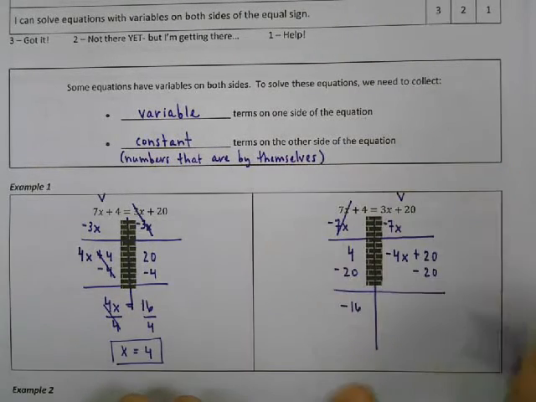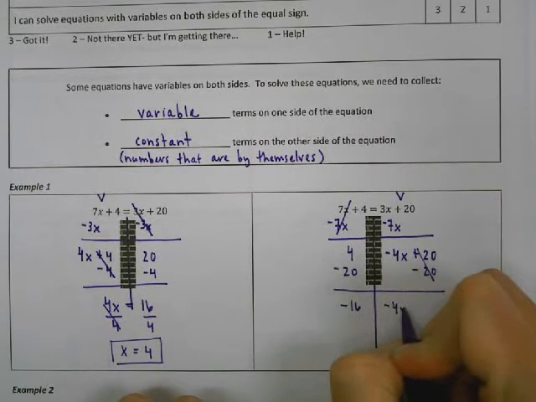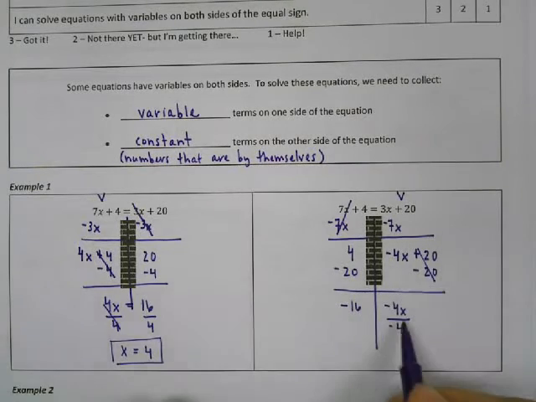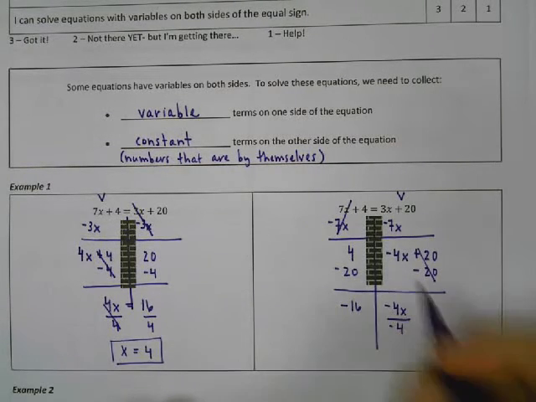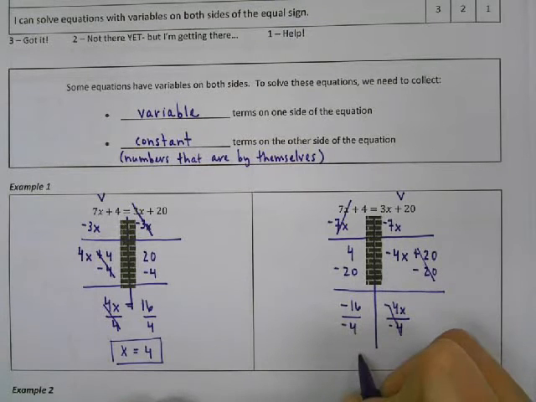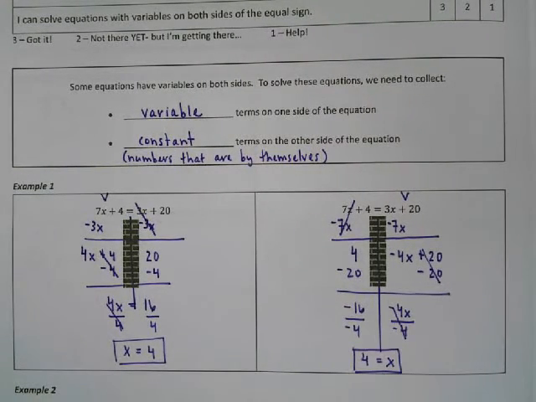I'm going to extend my line. Over here, the 20s go away, so I have a negative 4x left. I'm going to divide by a negative 4, the same number and sign. And sure enough, negative 16 divided by negative 4 gives me a positive 4. So my x is equal to 4.